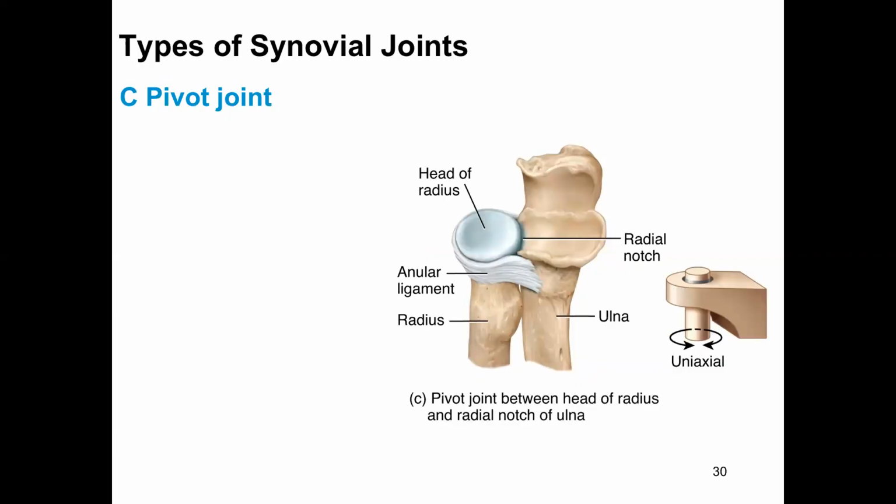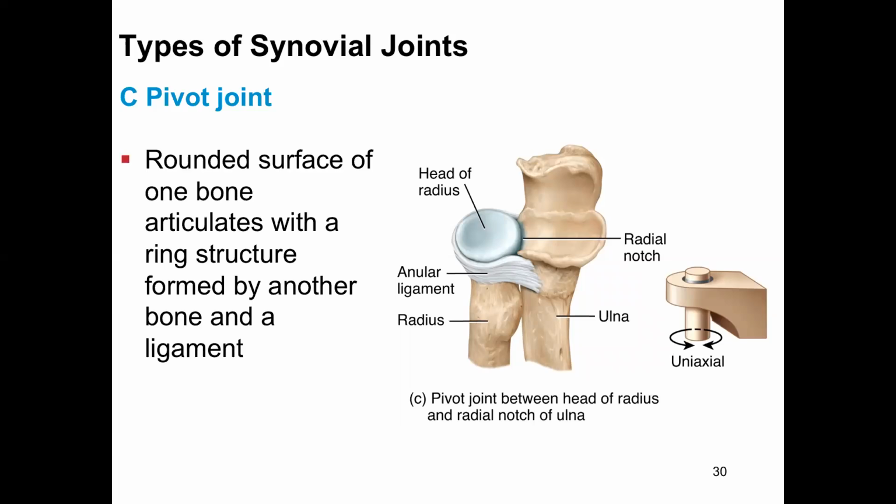Now, pivot joints, so this is where you got your pivoting, right? And even though I know it sounds weird, but you're turning, it's called uniaxial because you can't go in any other direction, so you're pivoting, all right? So a pivot joint would be monoaxial. So the rounded surface of one bone is articulating with a ring structure formed by another bone, all right?